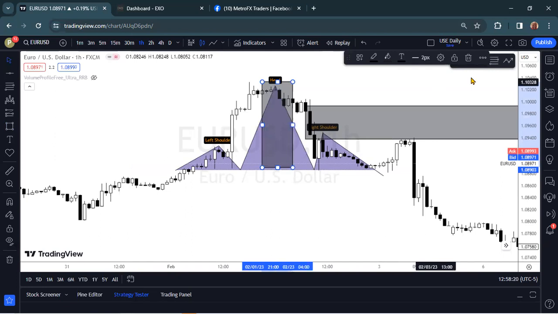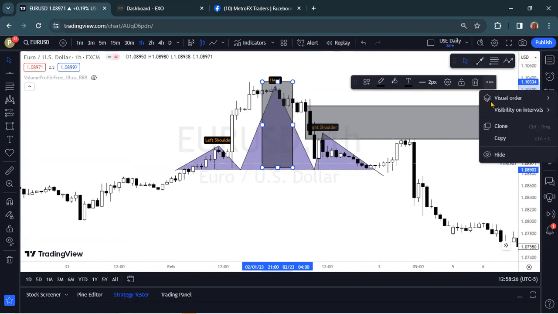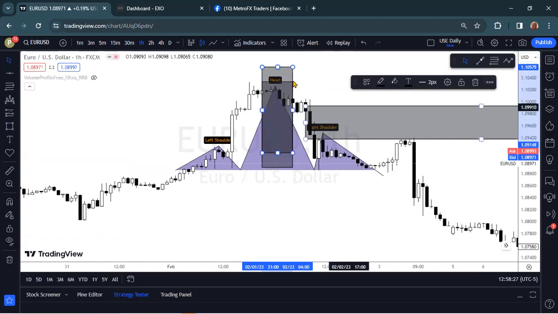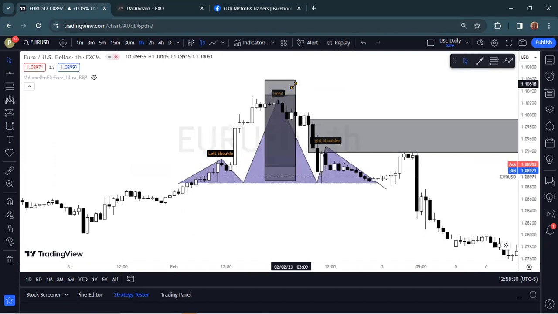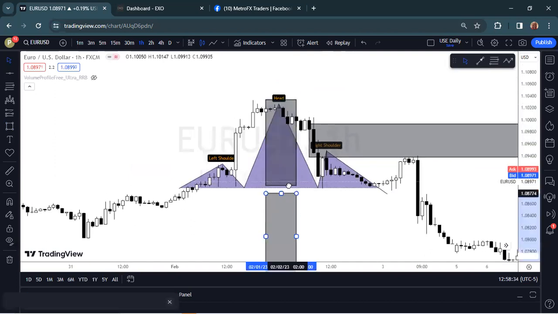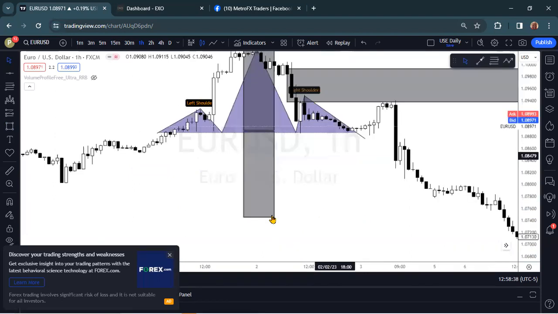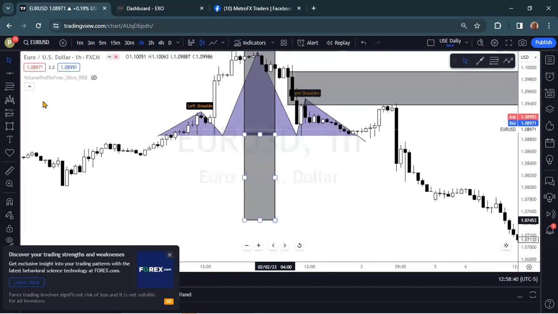Now what I'm going to do with this box is clone it. It created another box. I'm going to take that box, push it to the bottom, and this is where you set your TP, your take profit, right here.